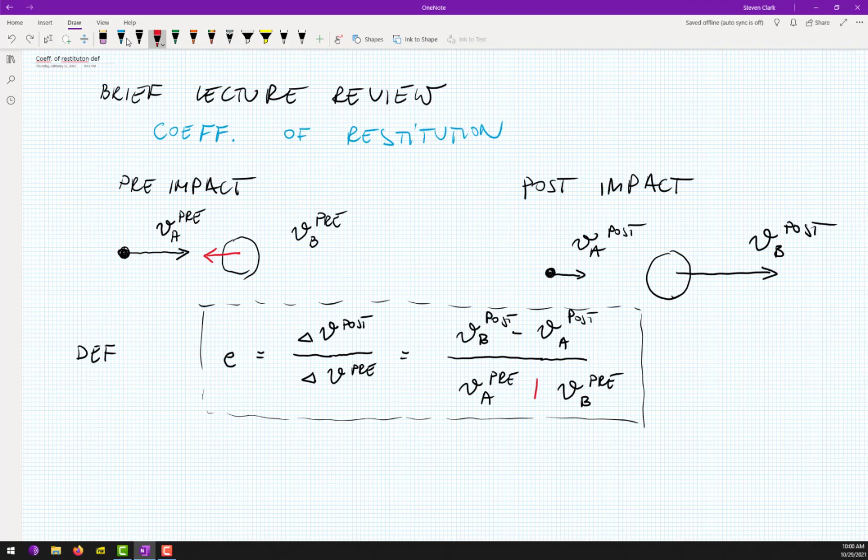However, if you remember the situation that pre-impact A chases B, and post-impact B is faster than A, this is the equation you should go for. This is how I remember it. And if this guy post-impact is pointing this way, just flip this sign. That's all when it comes to lecture review.